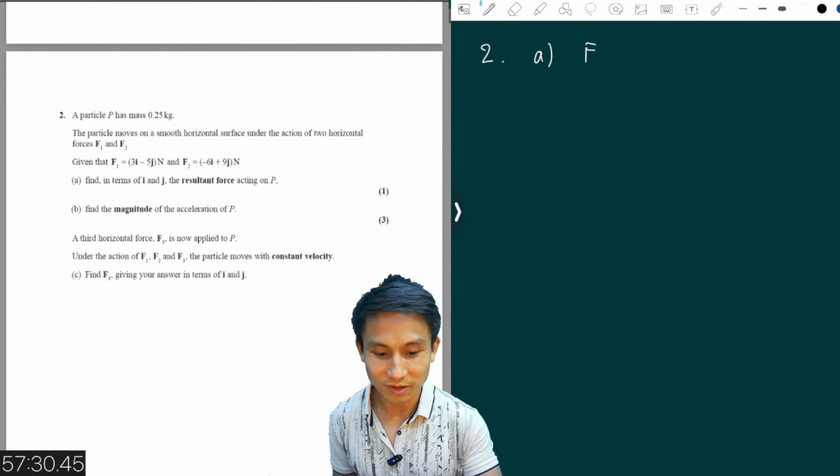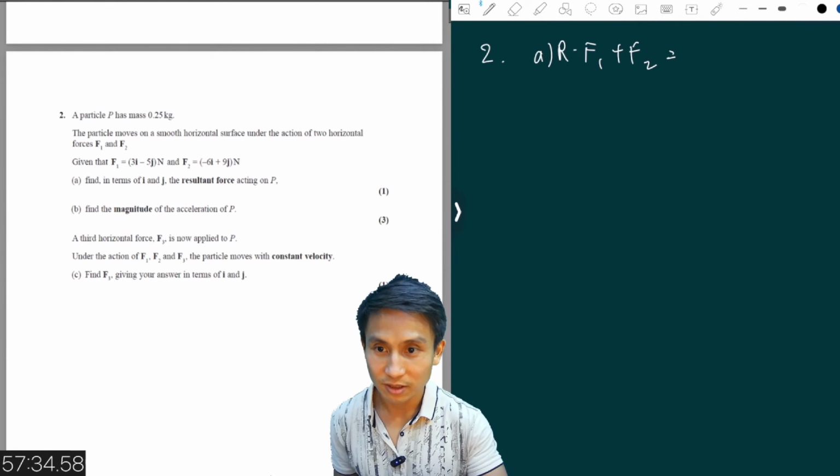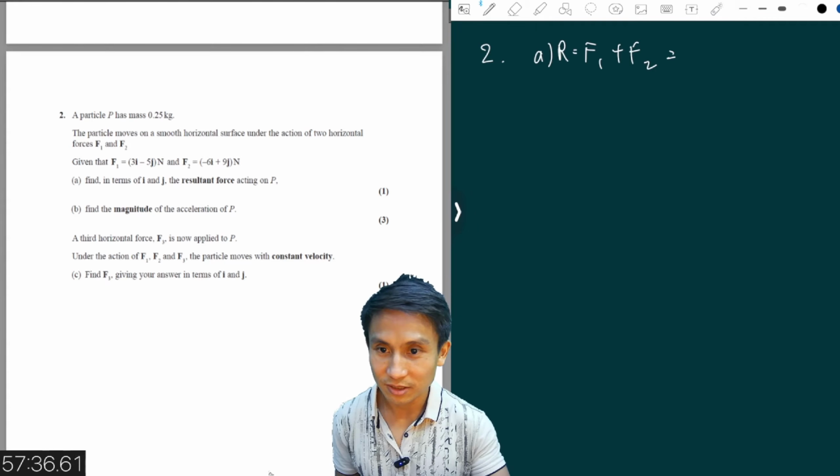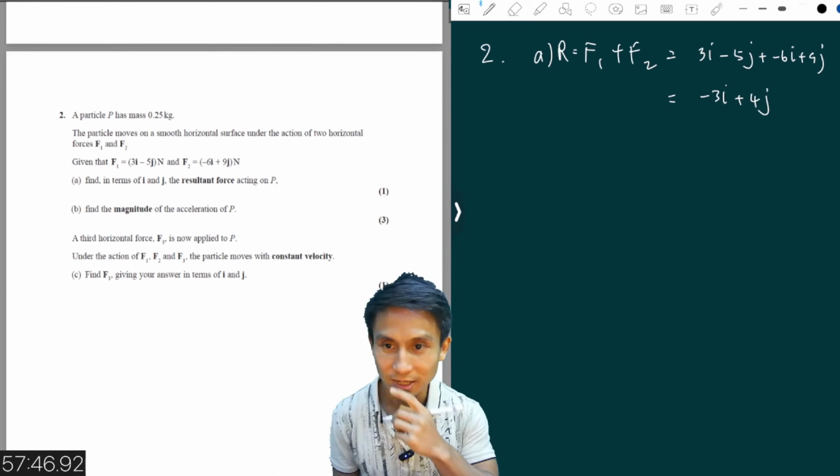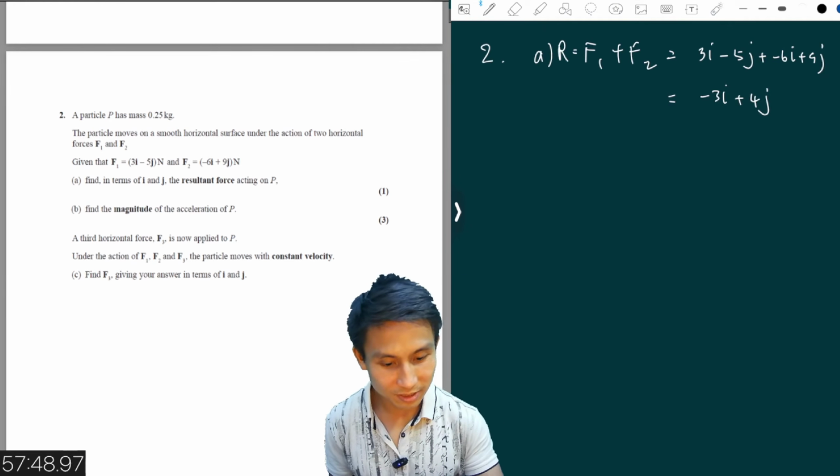Okay, so it's just F1 plus F2. That's the resultant force. It's 3i minus 5j plus minus 6i plus 9j, so that is minus 3i plus 4j Newtons. That should be easy.